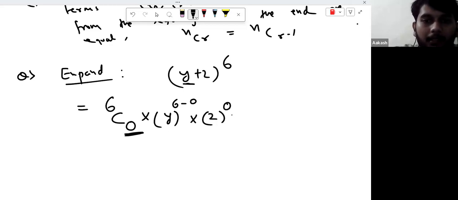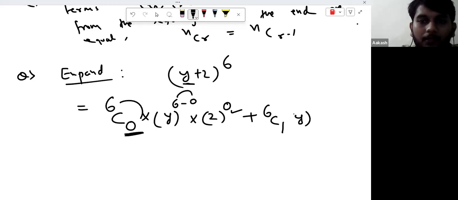What you have written here, just subtract, 6 minus 0. Plus. Now just keep increasing one by one. 6C1, same thing. First term, 6 minus 1. Second term, 1. Okay, Akib, can you tell me the next term?